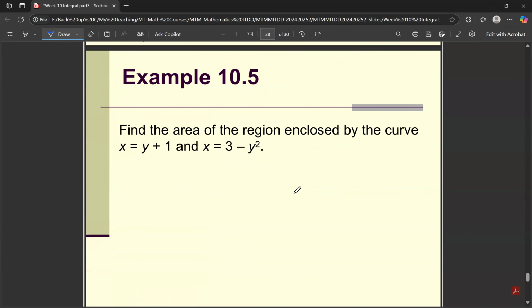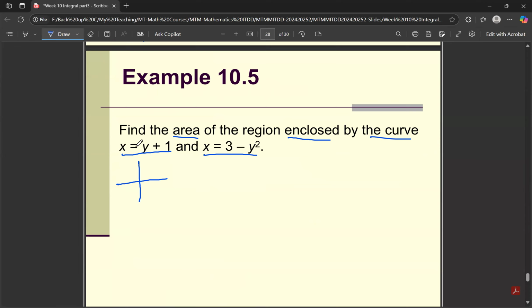Okay, look at this problem now. We have the area enclosed by curve x is equal to y plus 1 and x is equal to 3 minus y squared. So we can write separately, then we join them to get the area.